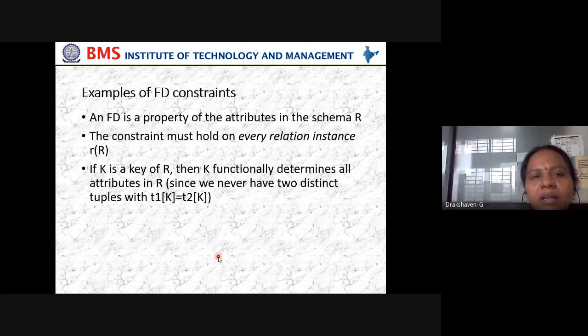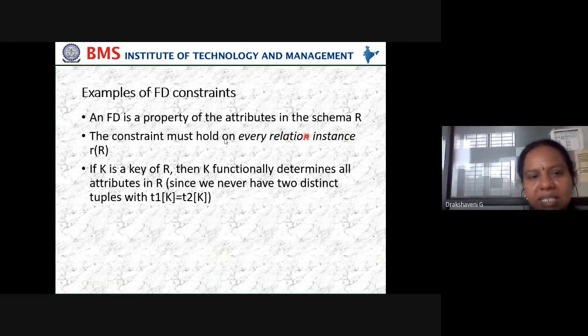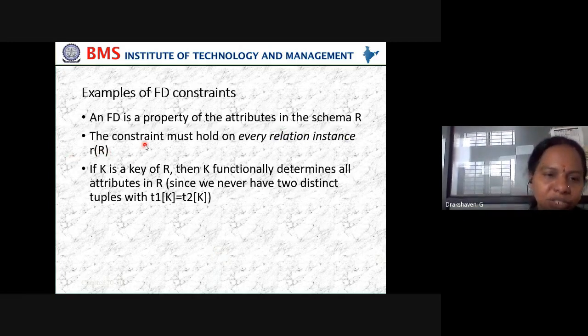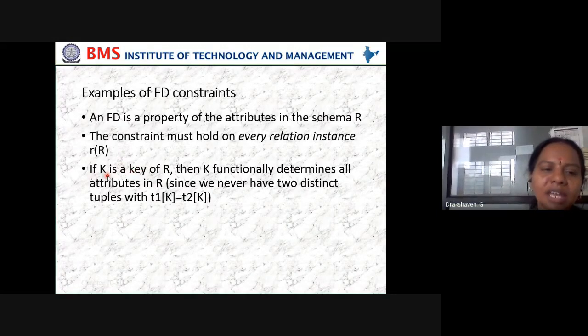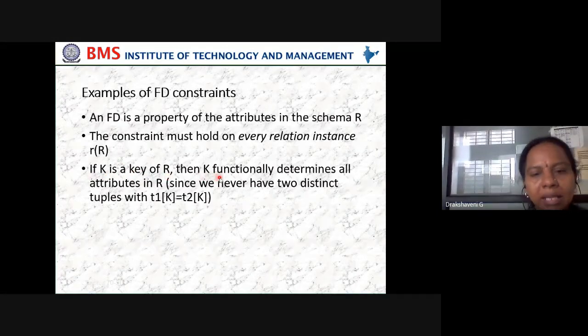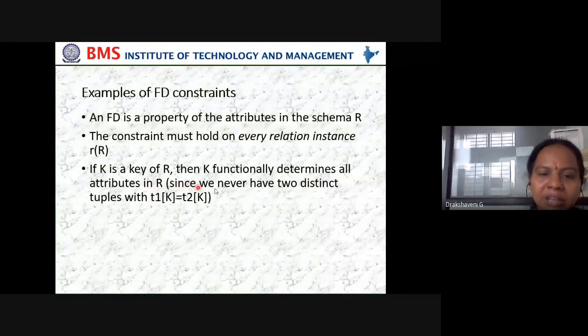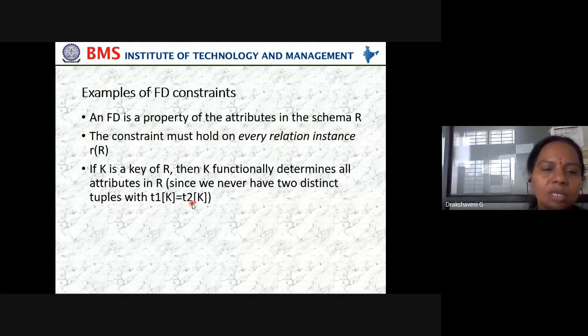Functional dependency constraints: a functional dependency is a property of the attributes in the schema R. The constraint must hold on every relation instance R of R. If K is a key of R, then K functionally determines all attributes in R, since we never have two distinct tuples with T1[K] equal to T2[K].